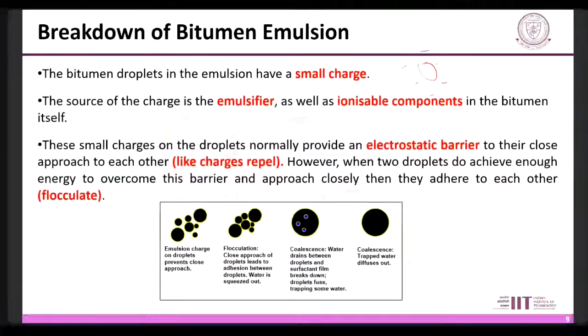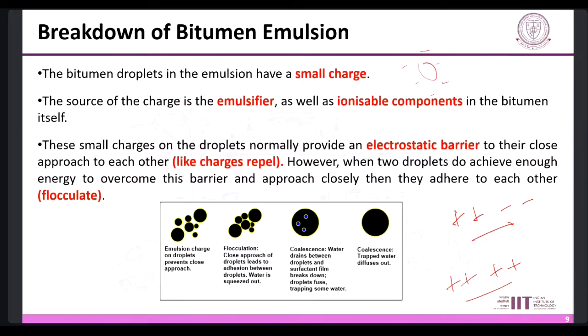If it is a positive charge and the other component like the aggregate is having the negative charge, they will attract each other. Otherwise, if the aggregate as well as the emulsion are positively charged, they will repel each other.